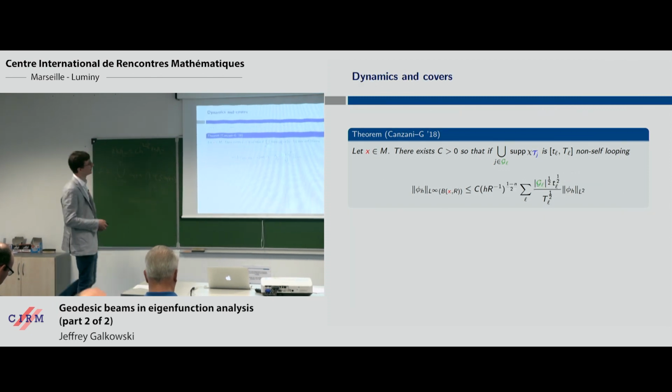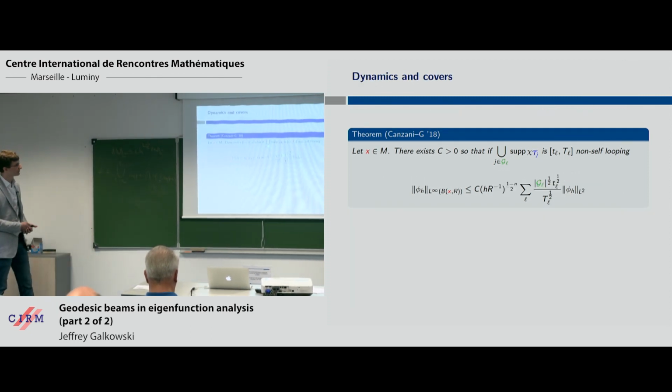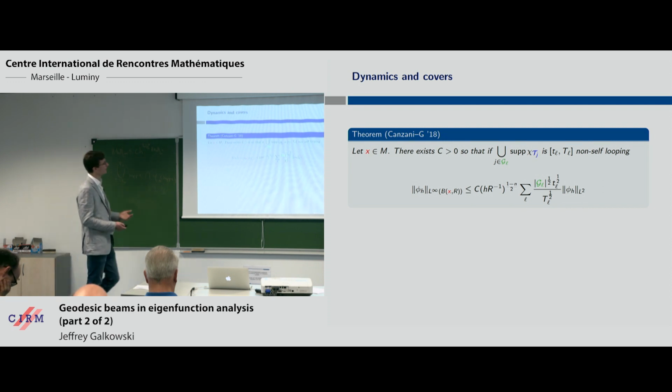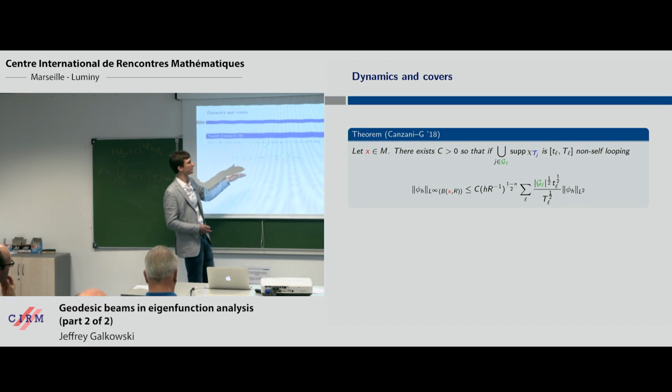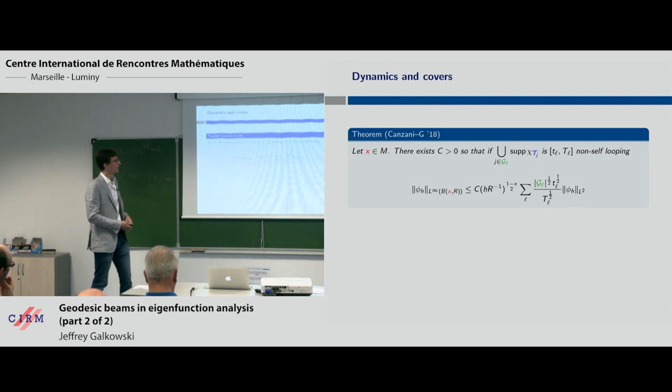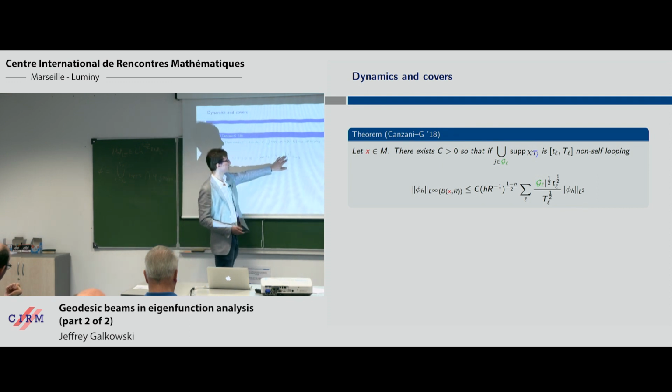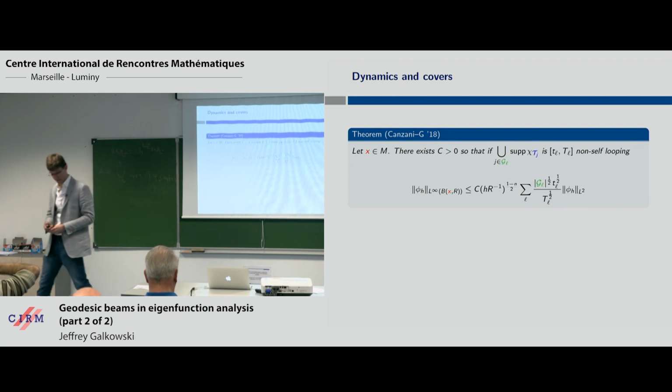Right, so I just rewrite this. So here's the estimate. Again, we have this Hormander exponent improved by the volume of the tube, which I'll remind you in a second, times the number of tubes in each non-self-looping set divided by their relevant non-self-looping time.